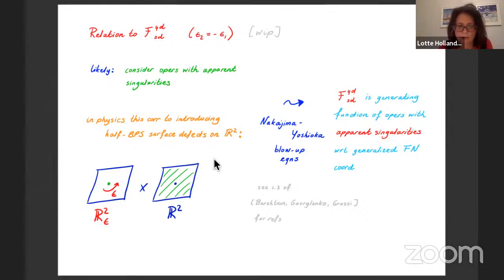Likely that corresponds to introducing a different type of surface defect that in this case wraps the R2 instead of the R2 epsilon. There is a whole literature related to the Nakajima-Yoshioka equations that relates the Nekrasov-Shatashvili limit of the Nekrasov partition function to this self-dual limit through these equations.